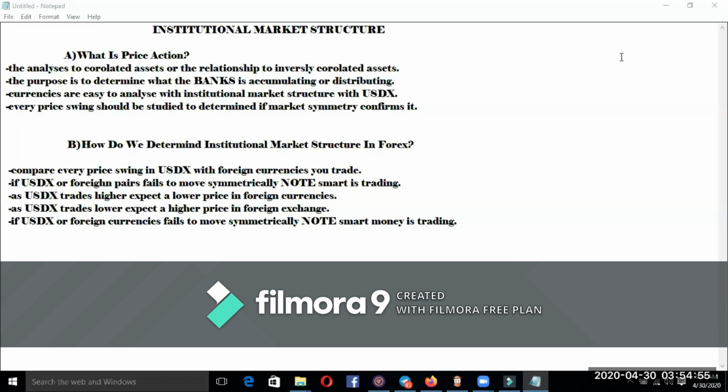So, what is price action? When they say price action, what do you think price action is? The analysis to correlate, or the relationship to inversely correlated assets, right?